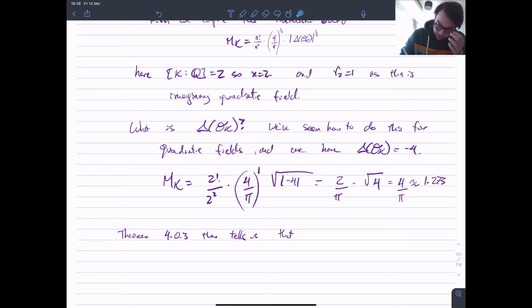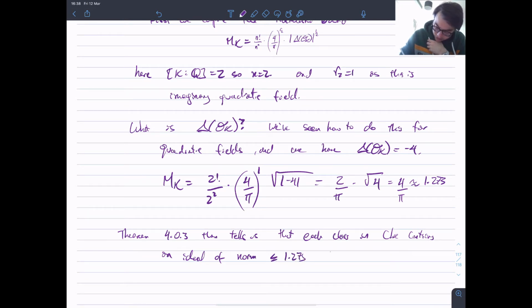So this tells us that each class in Cl(K) contains an ideal of norm less than or equal to 1.273, i.e. ignoring the fractional part, an ideal of norm less than or equal to 1.